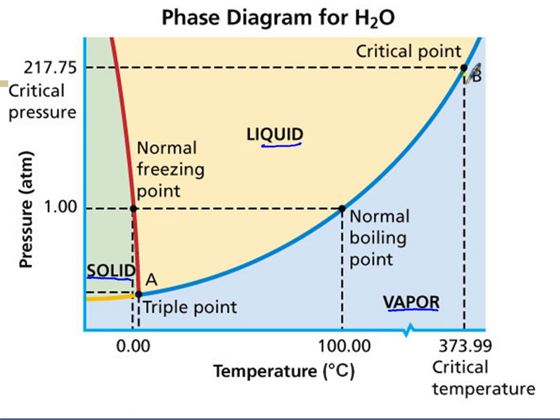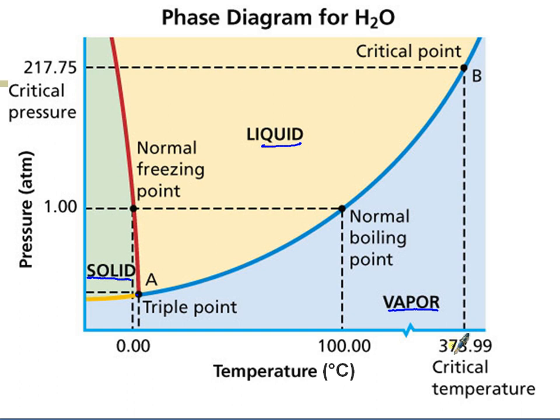It's a very rare occurrence for that to happen, but that's in theory what is happening at a triple point. The critical point is the point beyond which it can only exist as a gas. On this graph, the critical temperature is 373.99. If I increase the temperature to 1,000 degrees Celsius, there's no way water vapor is ever going to turn into a liquid. It's got way too much energy, and the water molecules will not stick together to form a liquid.